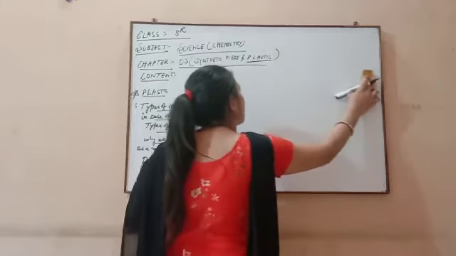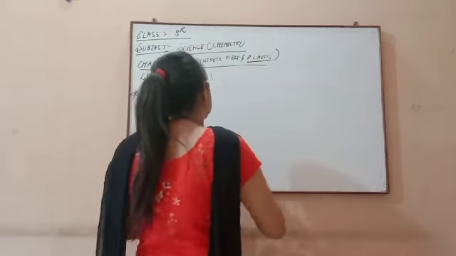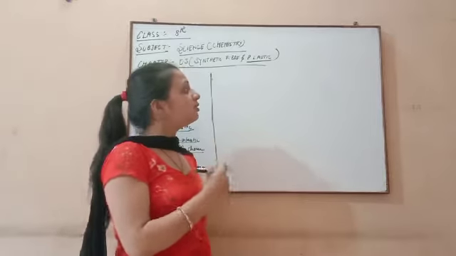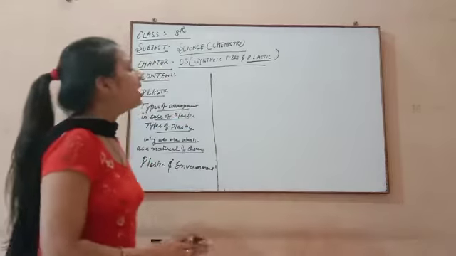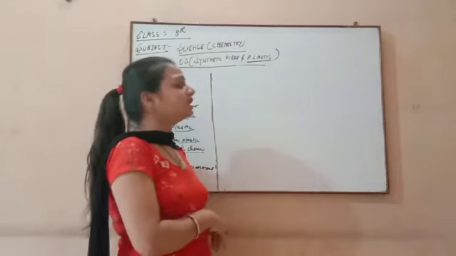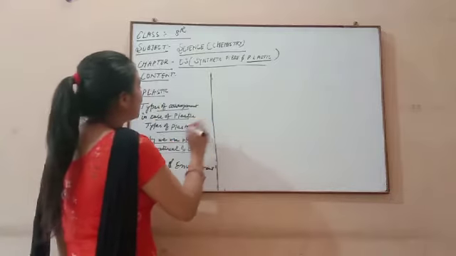Here we also discussed one very important plastic which we use in our daily life, that is polythene. And this polythene is made with the help of which monomer? Ethene monomer. After this we discuss a very important concept of this chapter, the types of plastic.